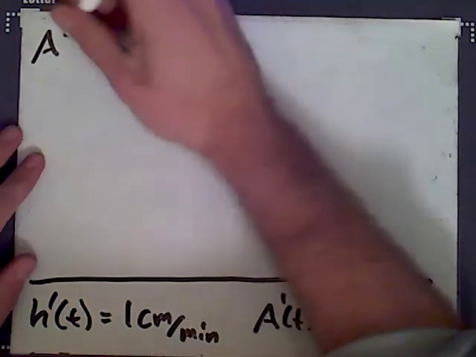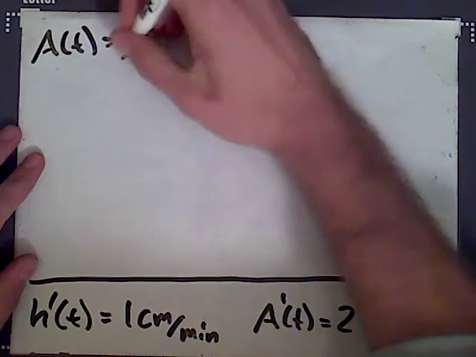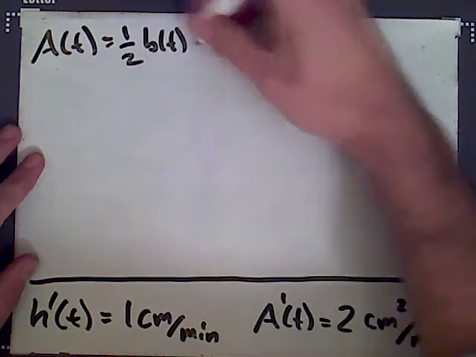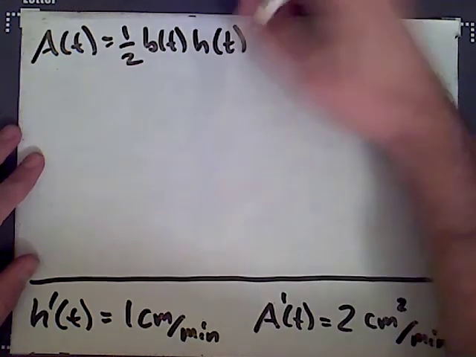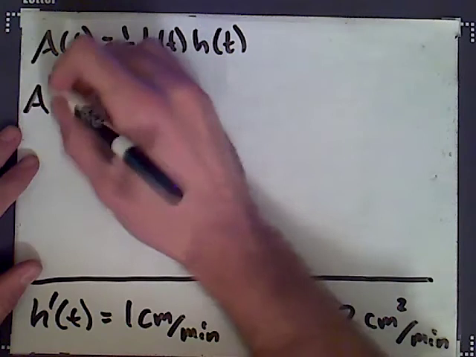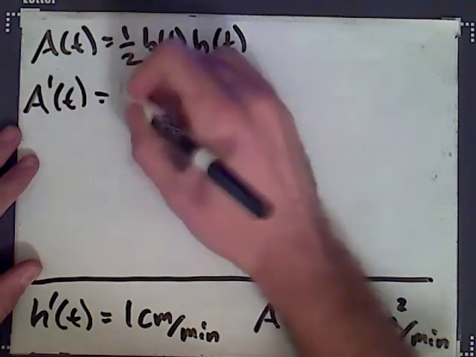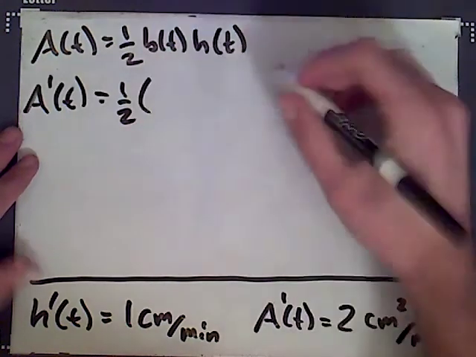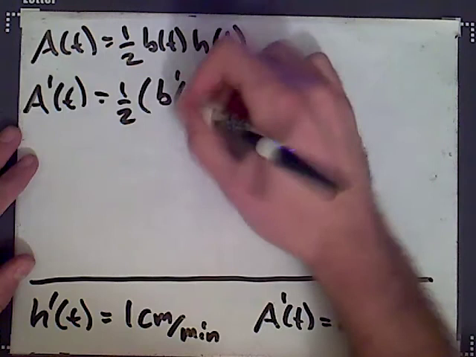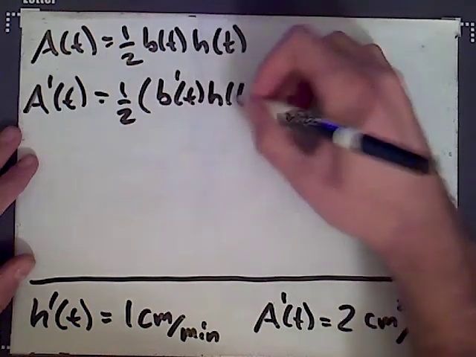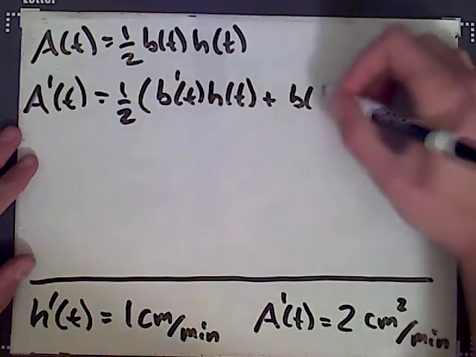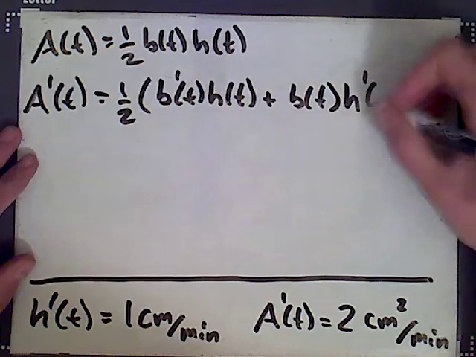Again, A of t is 1/2 B of t times h of t. Take the derivative, and we get 1/2, using the product rule, B prime of t times h of t plus B of t times h prime of t.